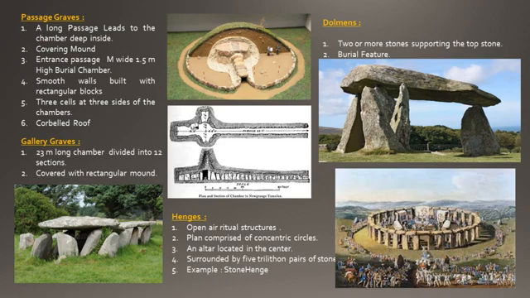Henges are open-air ritual structures, with a plan comprised of concentric circles and an altar in the center surrounded by 5 trilithon pairs of stones, for example Stonehenge. Dolmens have 2 or more stones supporting the top stone, and are a burial feature.